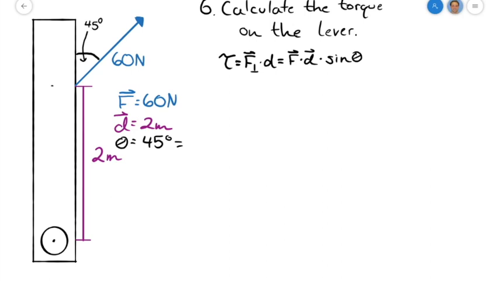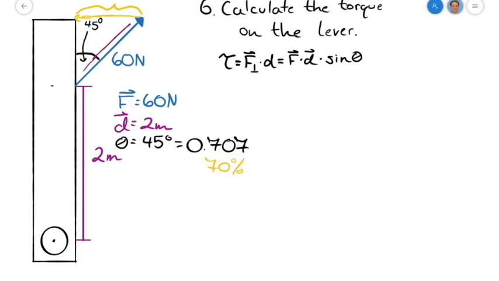So I'm going to hit 45, and then I'm going to hit the sine button, which I have to turn my iPhone sideways for, and I get 0.707. And what that pretty much means is that if I look at the vertical component of this force vector, this distance here is approximately 70% of whatever the distance is here for the hypotenuse.